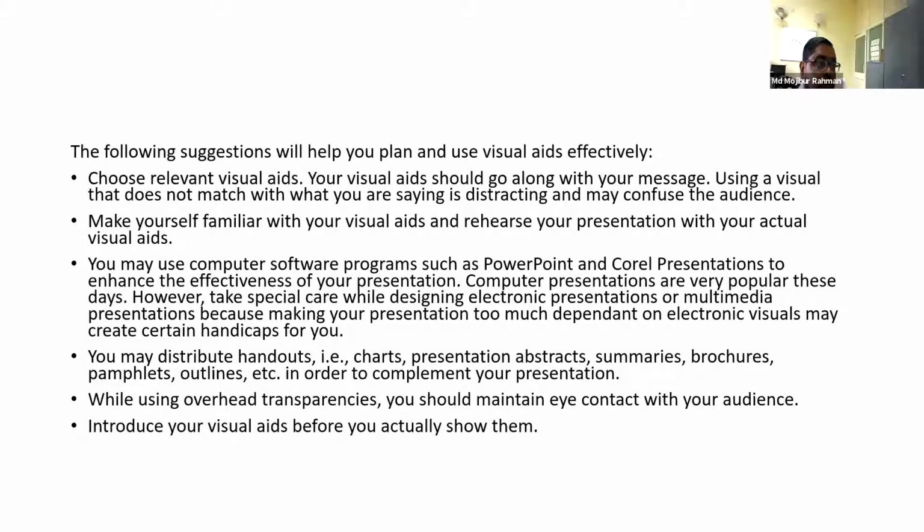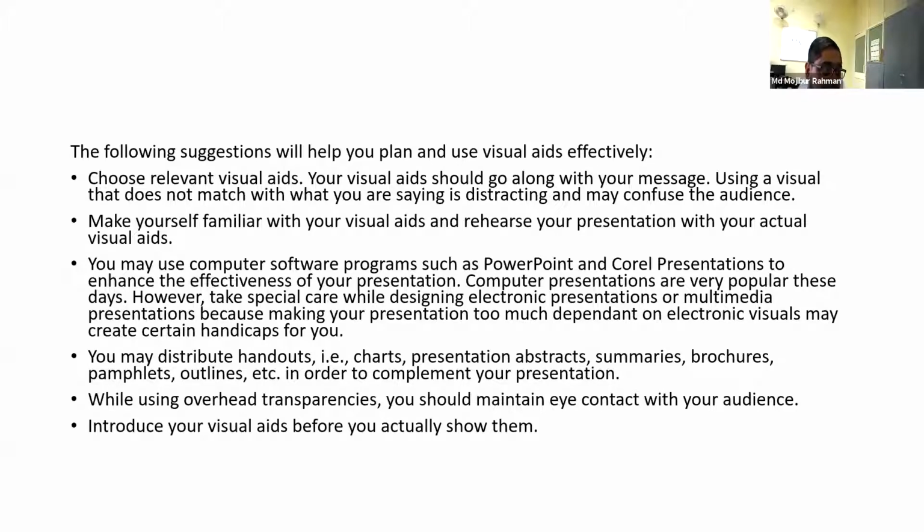Then the following suggestions will help you plan and use visual aids effectively. Choose relevant visual aids. Your visual aid should go along with your message. Using a visual that does not match with what you are saying is distracting and may confuse the audience.